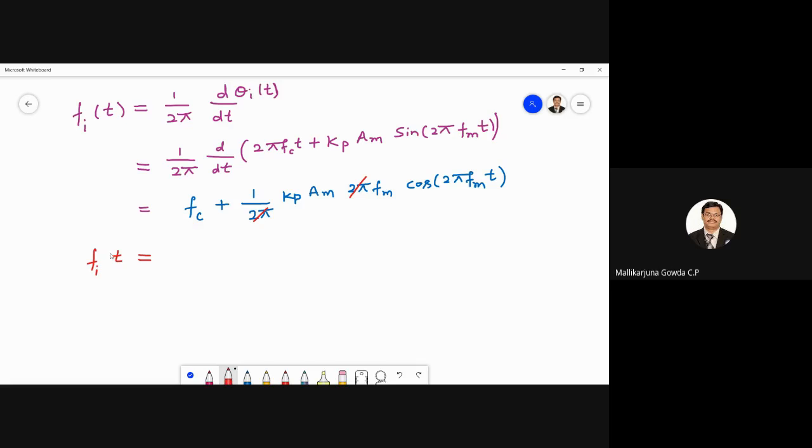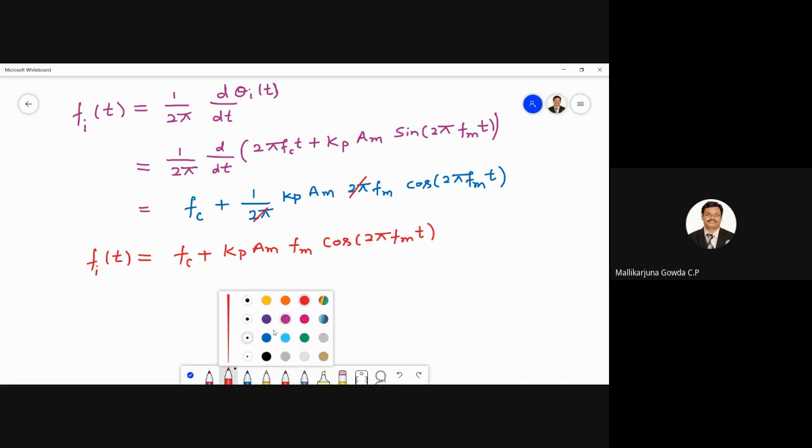Fi of t will be equal to fc plus Kp Am into fm, then cos of 2 pi fm t. Okay, so this is the expression for the instantaneous frequency.